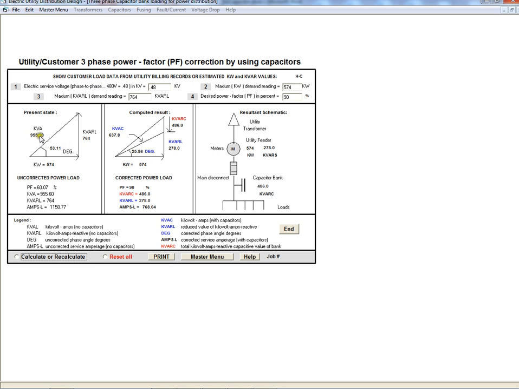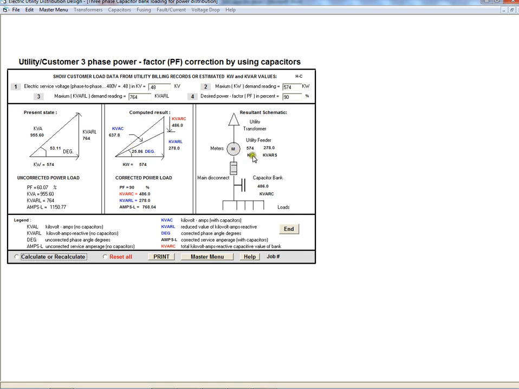At the same time, instead of drawing 955 kVA, which is what the transformer serving it would see, this is reduced down to 637 kVA, based on the capacitors that we put in, which are 180 degrees opposite of the inductive load itself.